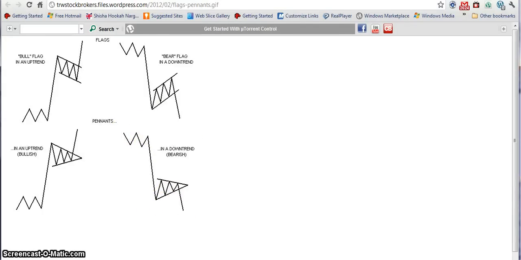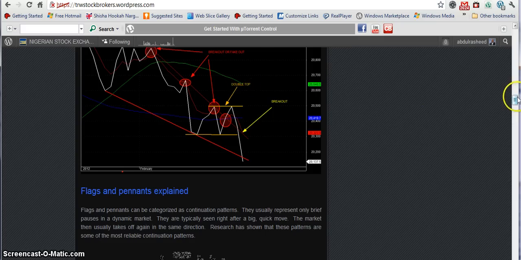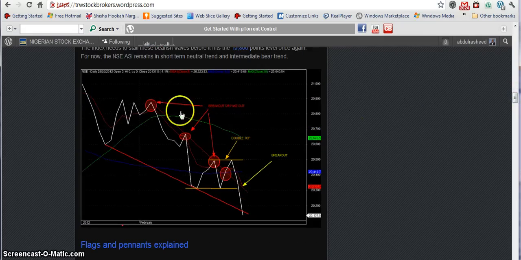If you look at the NSE ASI, from what we are comparing, we are having virtually the same patterns. You see your highs and lows here. This was more like a flag down, it rebounded and went down within this support level.